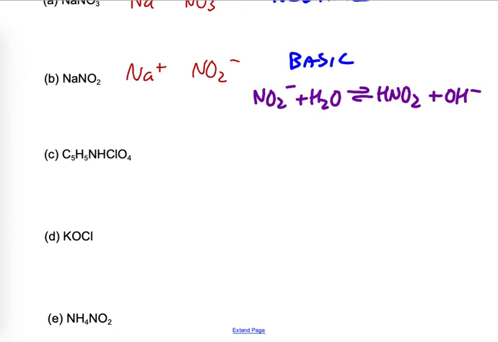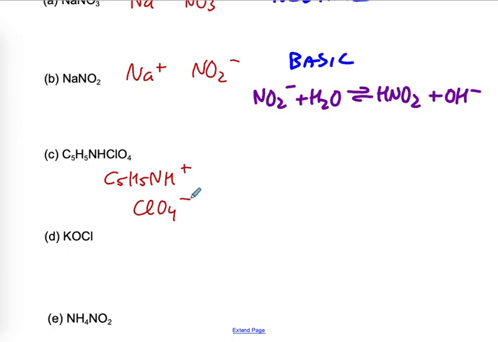C5H5NHClO4. What the hell is that? Well, I expect you to be able to look at this and see that C5H5NH will have a positive charge, which will be the conjugate acid of pyridine. ClO4 minus is the anion. Because perchlorate, ClO4 minus, is the conjugate base of perchloric acid, a strong acid, it's going to be neutral.